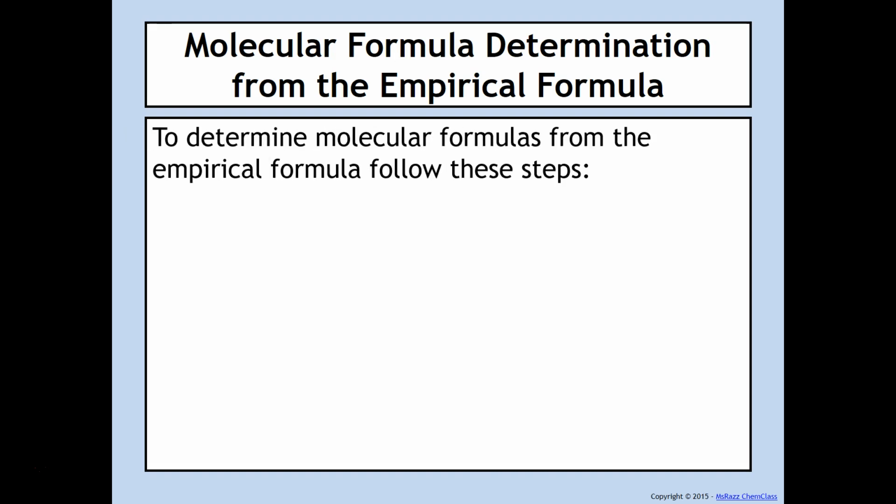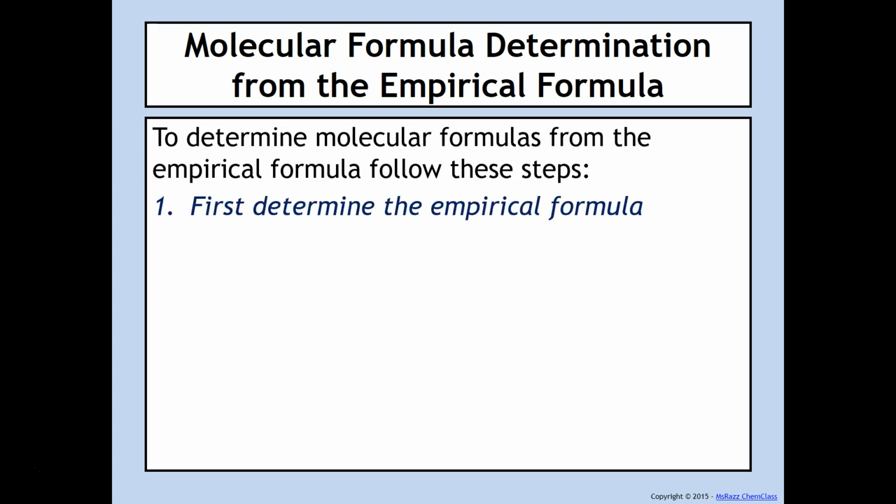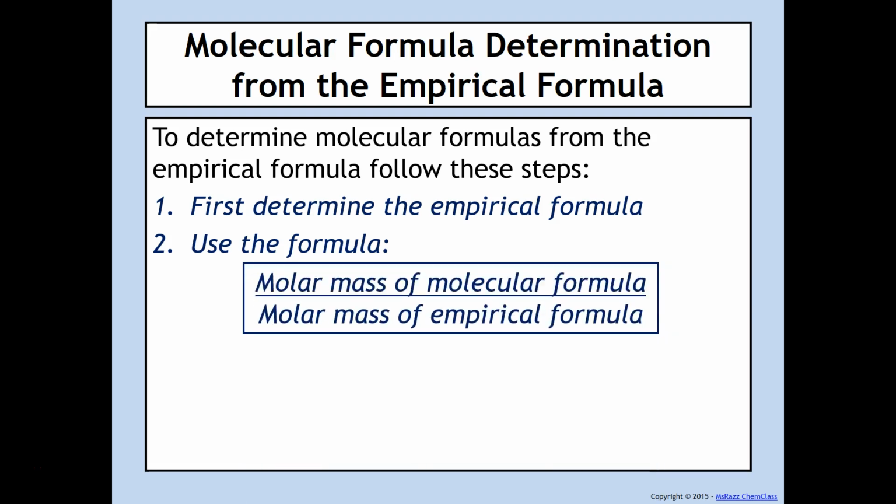To determine the molecular formula from empirical formulas, you need to follow these steps. First, you have to determine the empirical formula. That's really good because you are experts at doing that now. The second step is using the formula: because we know that the molecular formula is going to be some factor of the empirical formula, we use the molar mass of the molecular formula over the molar mass of the empirical formula.